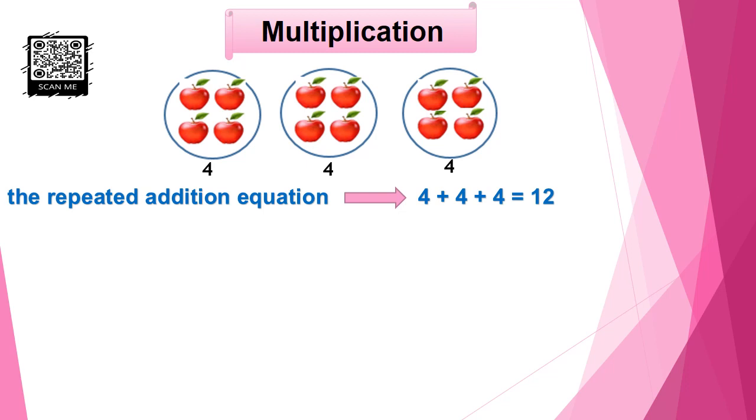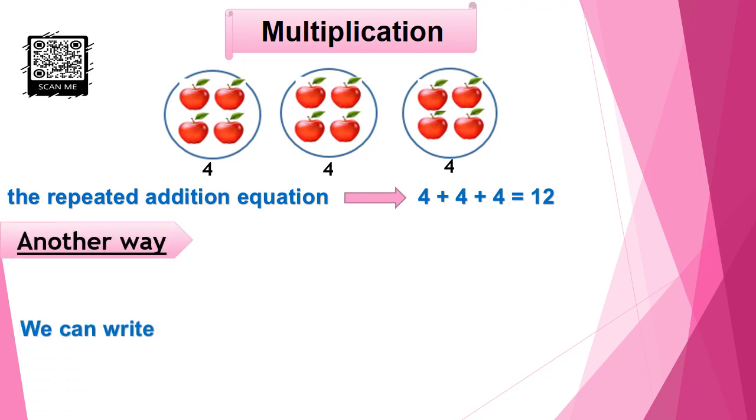Okay, now we will use multiplication. Multiplication means here I have 4 and I repeated it. How many times did I repeat 4? 3 times. So 4 is repeated 3 times. How can I write it using multiplication?